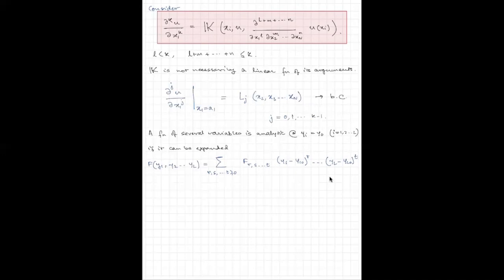This is going to be a theorem. This is a theorem, and this is called the Cauchy-Kovalevskaya theorem.